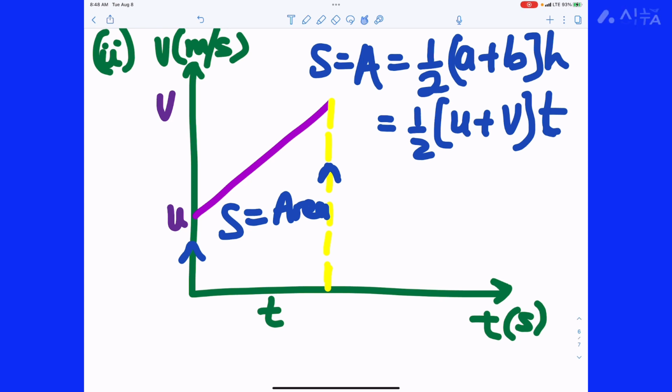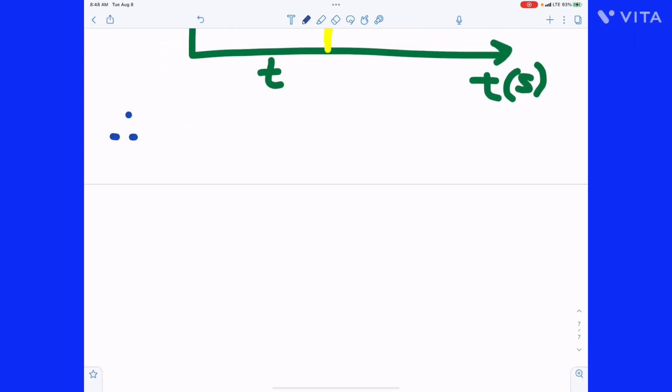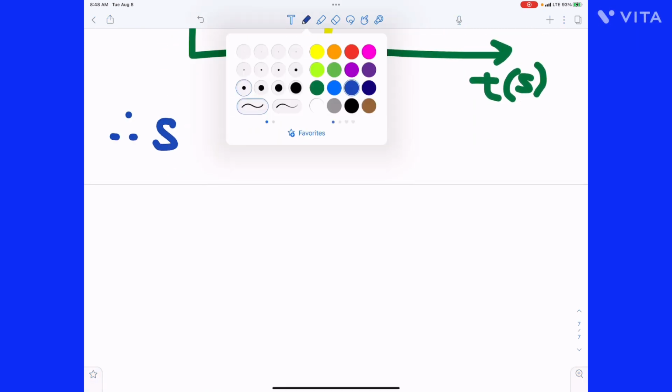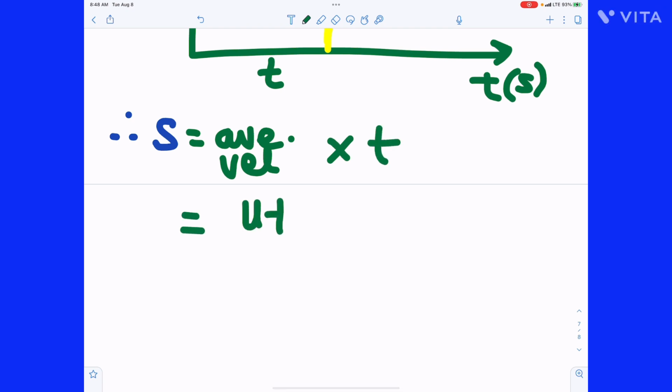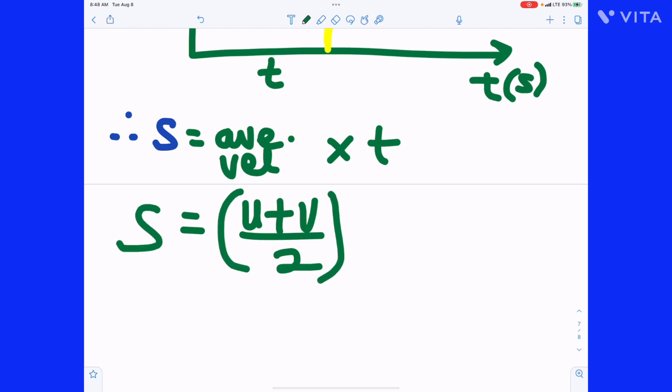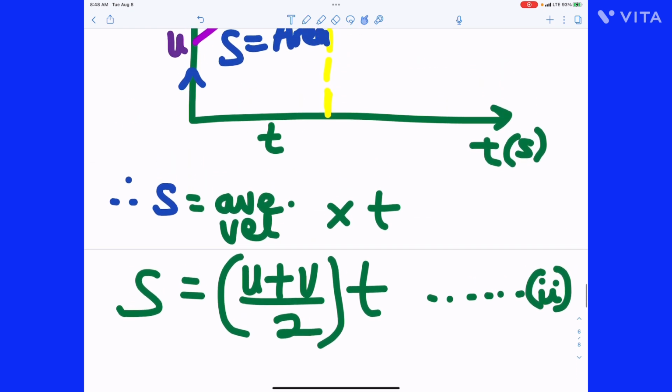Distance is equal to average velocity times time. Average velocity is u plus v over 2 times time. That's the second equation of linear motion. That's very simple to remember.